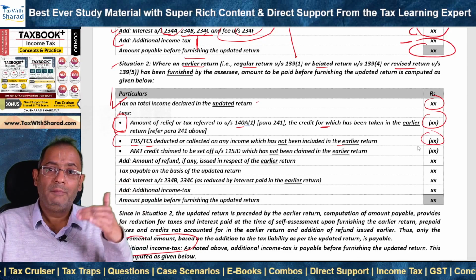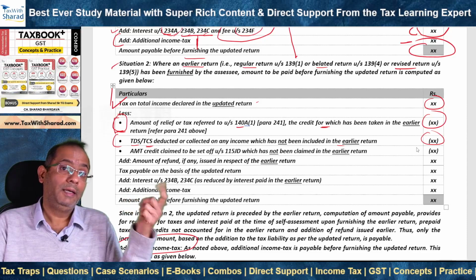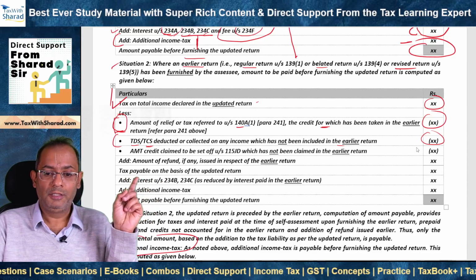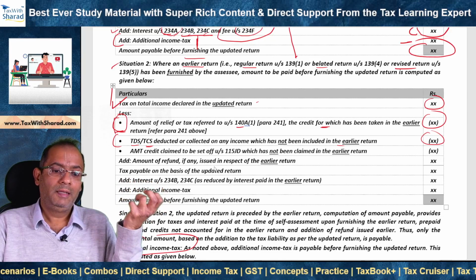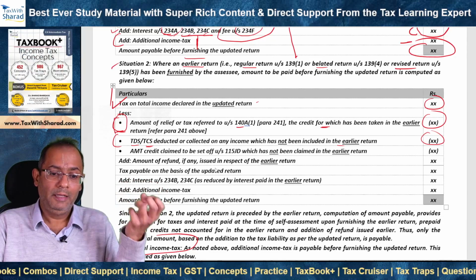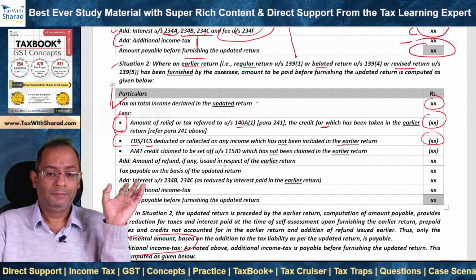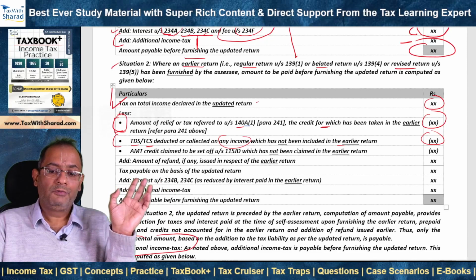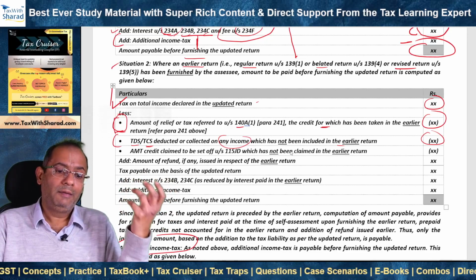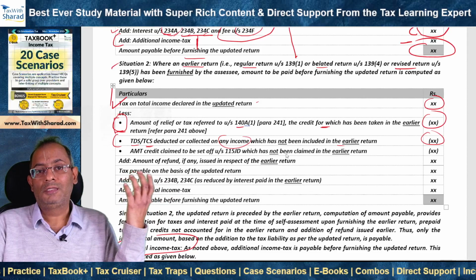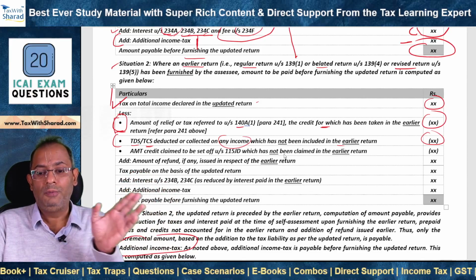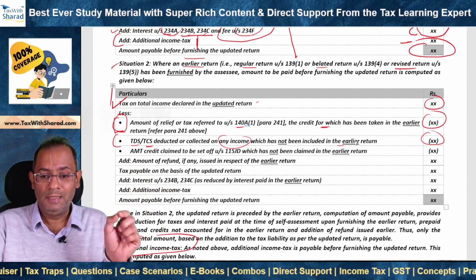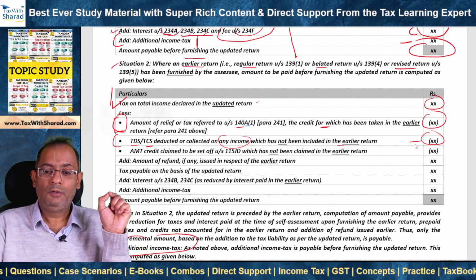So this is the incremental amount which was not considered earlier at the time of furnishing the earlier return. So if there is an additional TDS or TCS which was deducted or collected on any income which was not included in the earlier return, that means this is something extra which was not considered before, and now the credit needs to be taken for that amount of TDS or TCS, and consequently we need to reduce that as well.